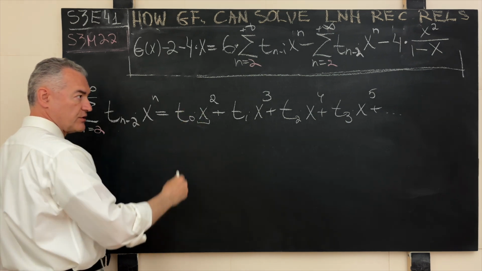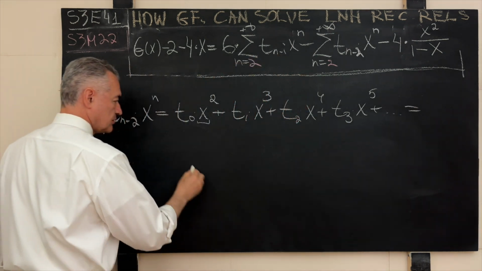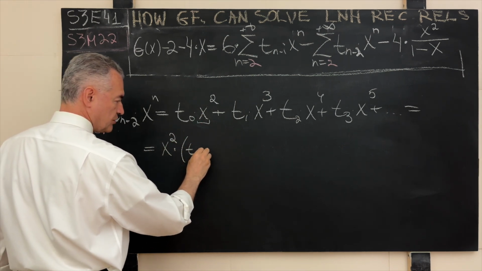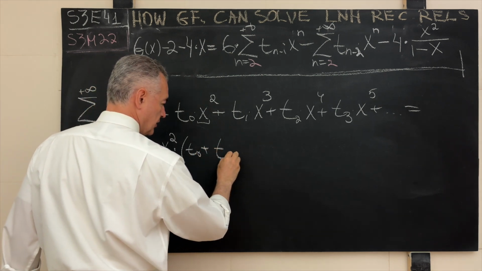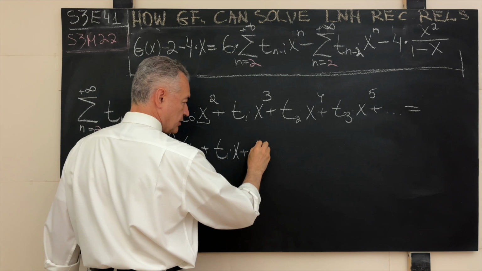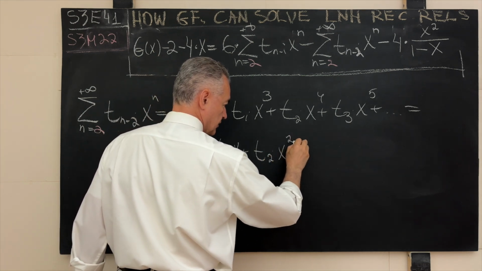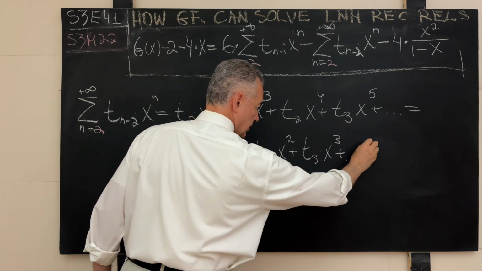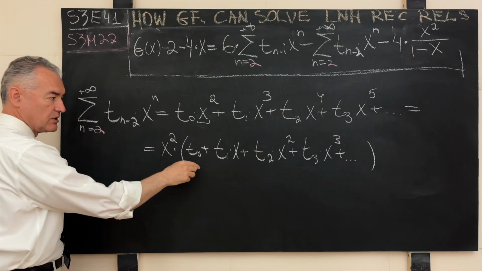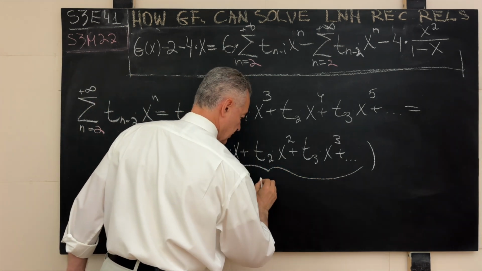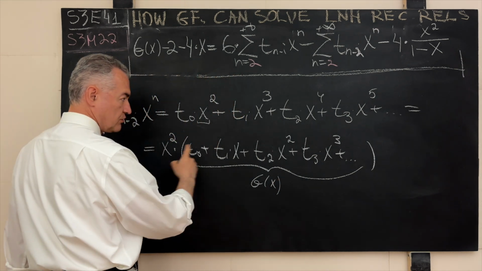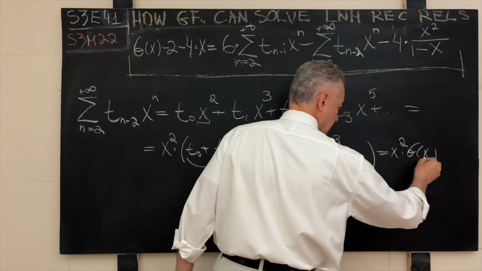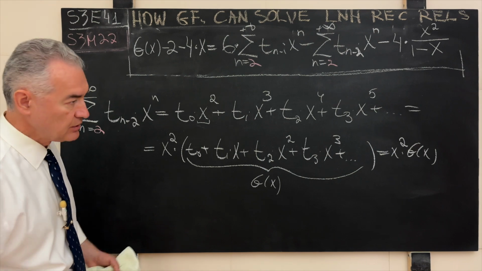So if we factor out that copy, if we write it down as x squared times, then what do we have? t0 plus t1 times x plus t2 times x squared plus t3 times x to the third plus, and so on. And what is this material? Well, this whole thing is our function g of x. So now our sum is equal to x squared times g of x. You see, this is what's going on here.